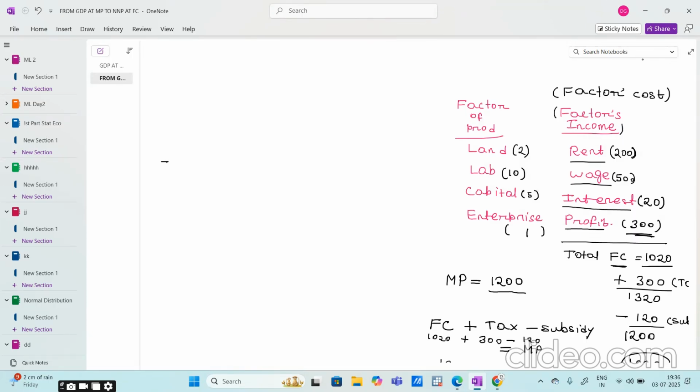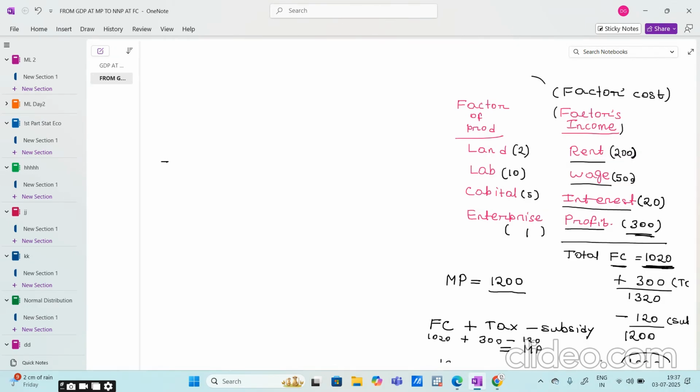Total factor cost of 10 laborers is 500. Total factor cost of 5 capital is 20, and total factor cost of the enterprise, that is profit, is 300. So if I add the total factor cost, that will be 300 plus 20 plus 500 plus 200, and it is 1020.